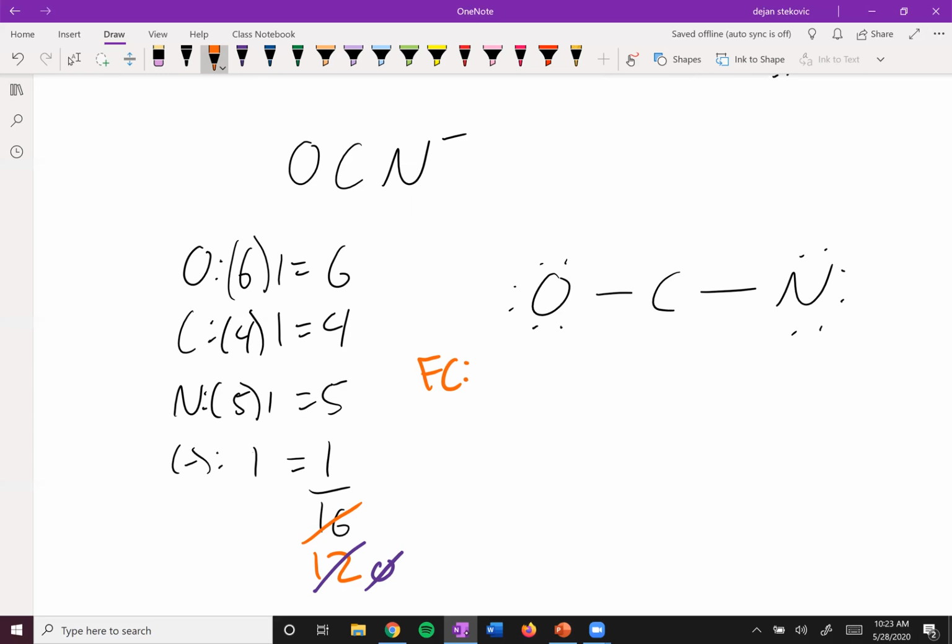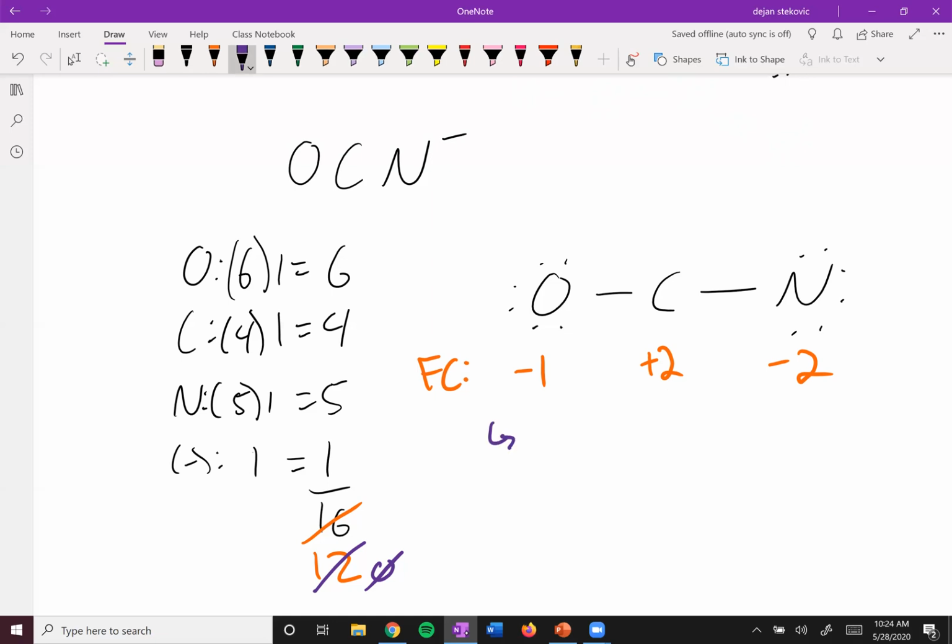All right, so if you calculate the formal charges, this oxygen is -1, this one's +2, and then this nitrogen is -2. So let's think about what kind of hints we can use, right? We know that these positive and negatives can cancel one another out by forming double or triple bonds, right?